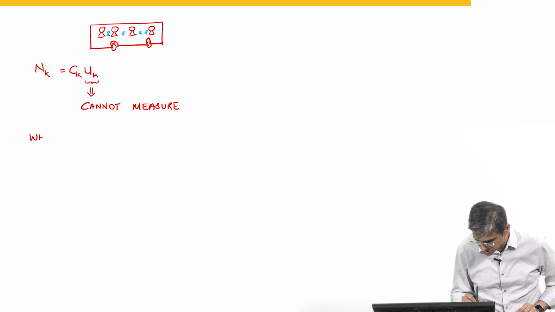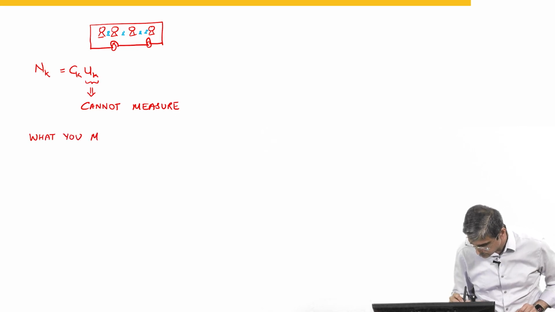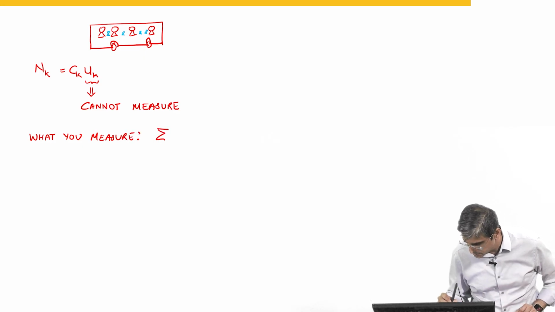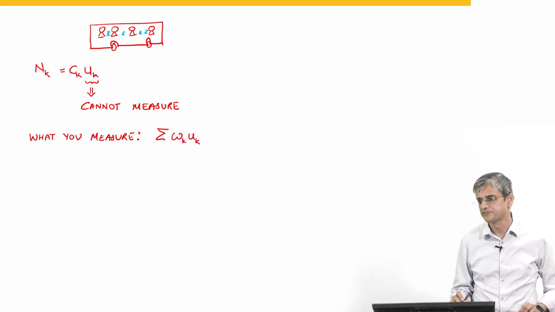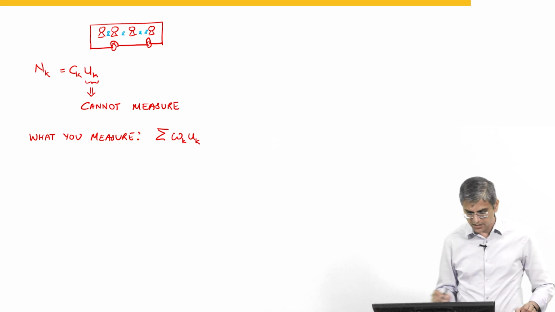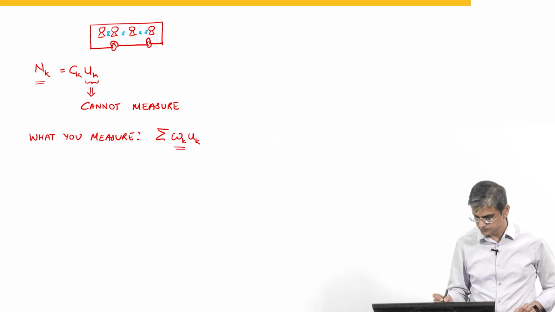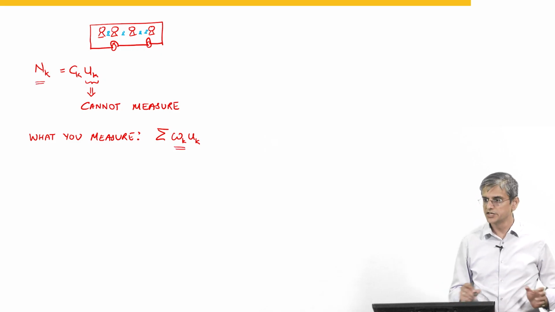So, what you measure is summation of omega k UK, and the difference between the two gives you basically the overall flux.